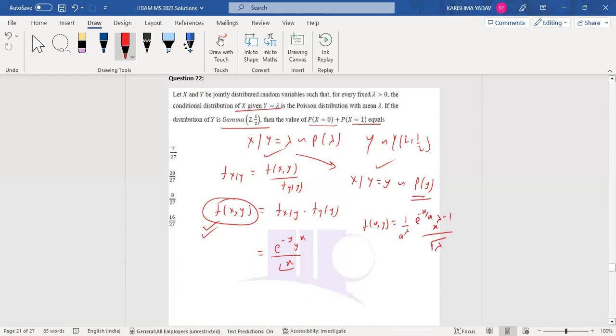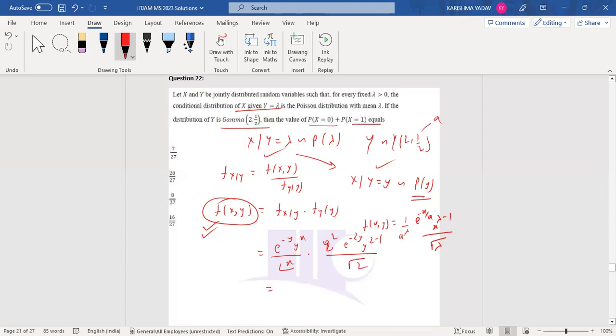And my a here is 1 by 2, so the pdf here will be 2 squared e to the power minus 2y, y to the power 2 minus 1 upon gamma 2. Now we know that gamma 2 is equal to 1, and y to the power 2 minus 1 is equal to y.